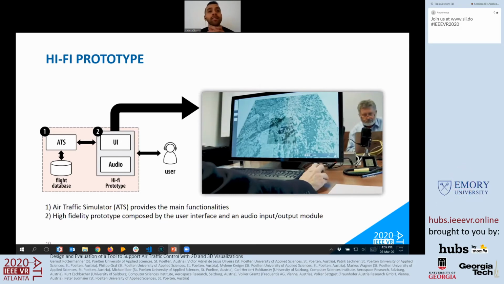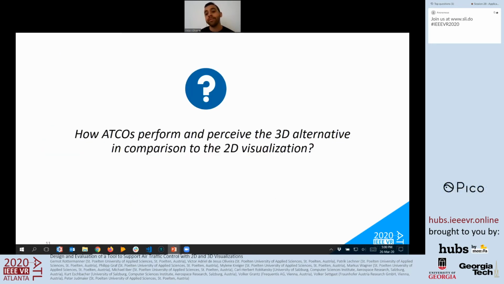So finally, now with this final prototype, one question that we still had was how the HCOs would perform and perceive the 3D alternative in comparison to the 2D visualization, which gets closer to the conventional tools used by them.